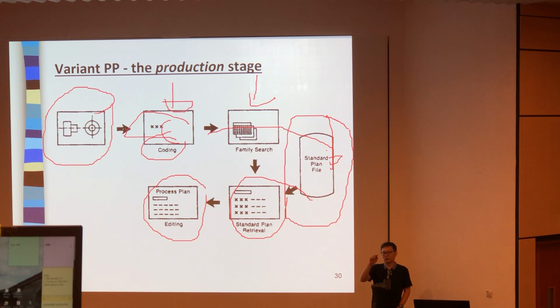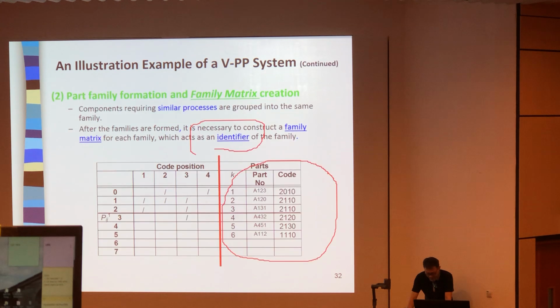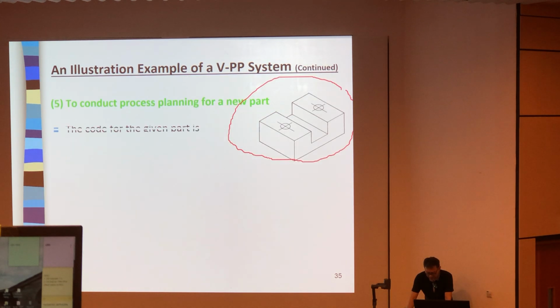Okay, so the word eliminating cannot be achieved. You can depend less, in a way, on the process planner, but you can't do without. So this is the critical point for the variant system.